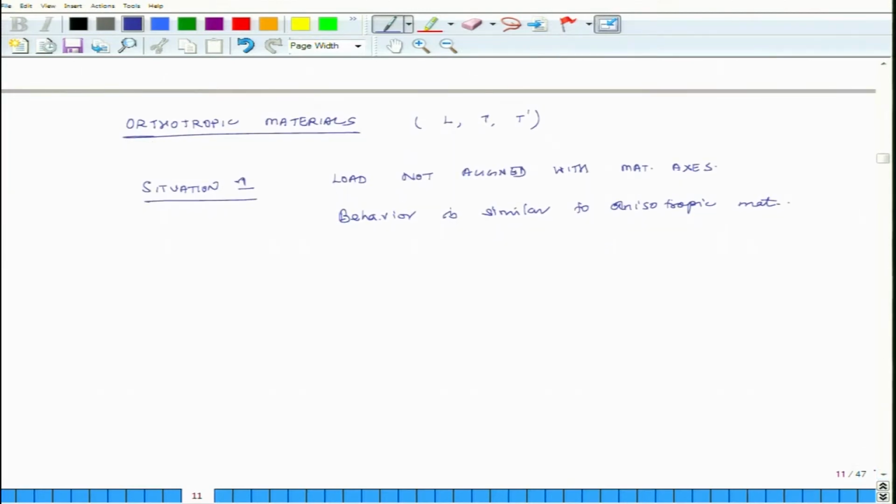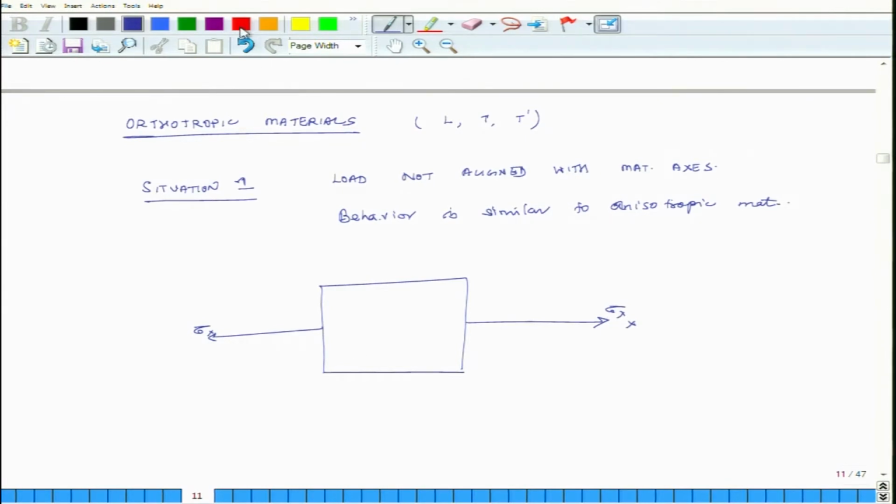So, what do I mean when load is not aligned with material axis? Let us say this is the material and I am pulling it in x direction. So, this is my x direction, sigma x, and the material axis is not aligned.